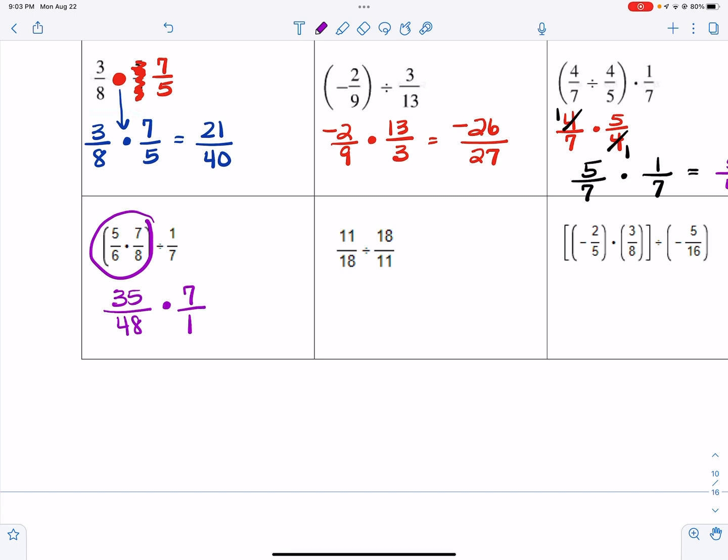And so 35 times 7 gives me 245, and 48 times 1 is 48. And unless they ask you specifically to make that a mixed number, I would just leave it, okay? And we can't reduce that any further.